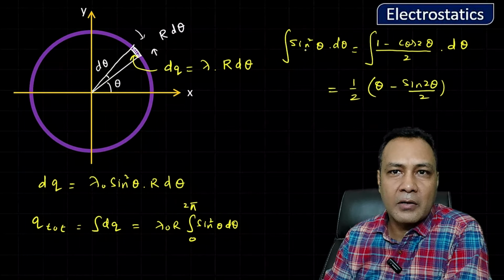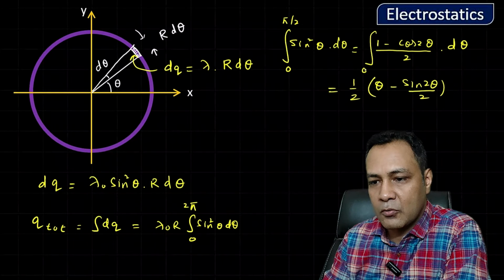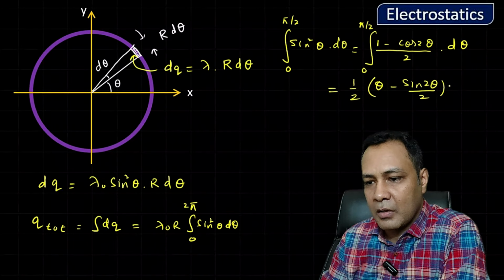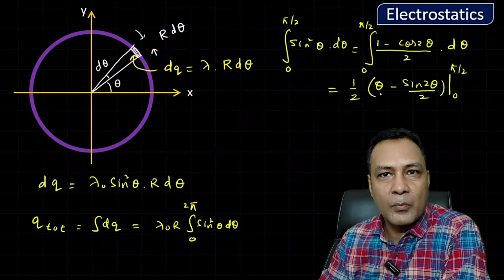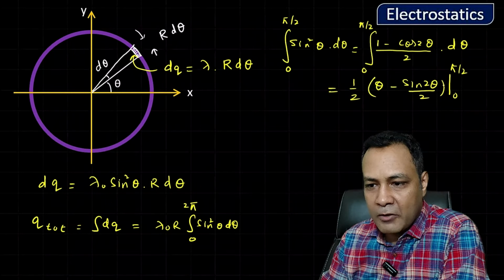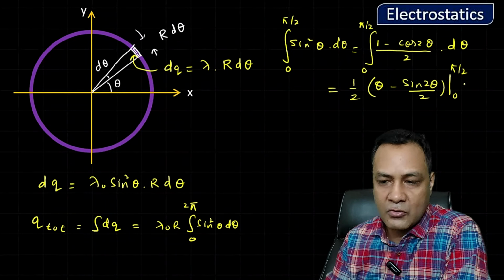And if I want to make this integration from 0 to pi by 2, if I put the limit for the theta, that will be pi by 2, and for the sine 2 theta, when theta is pi by 2, sine 2 pi by 2 is sine pi, which is 0, and sine 0 is 0.